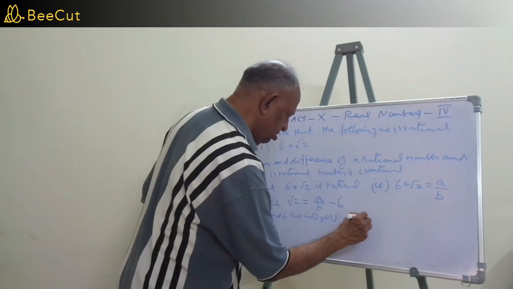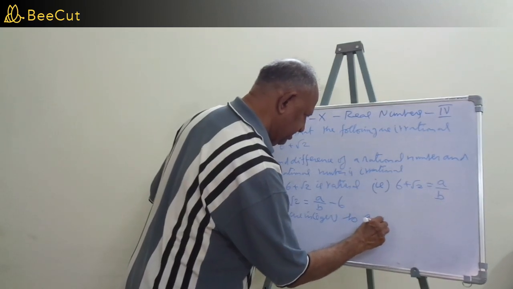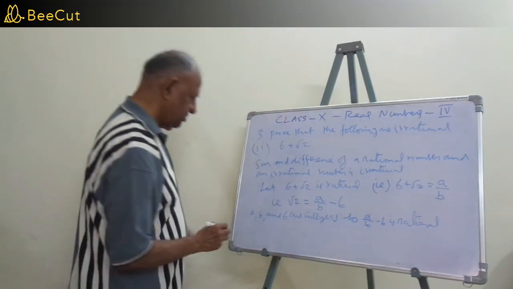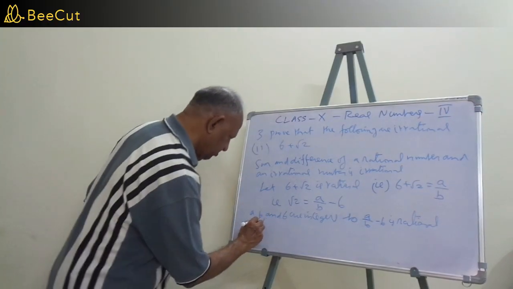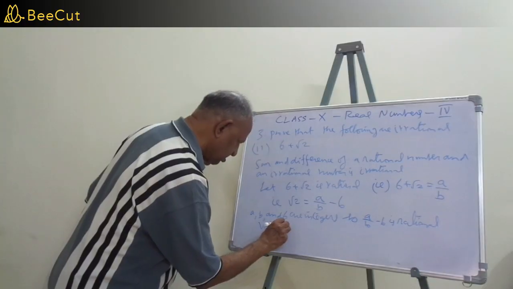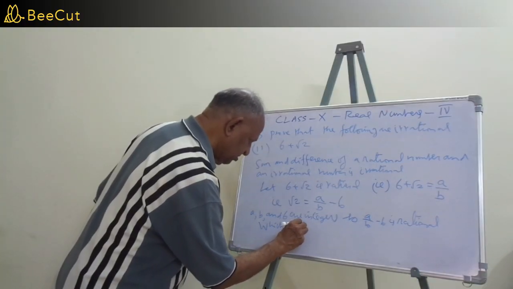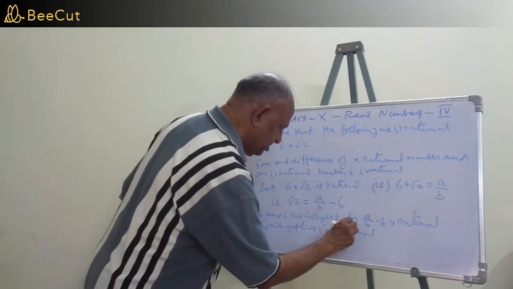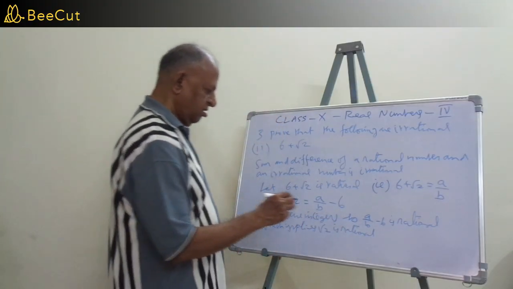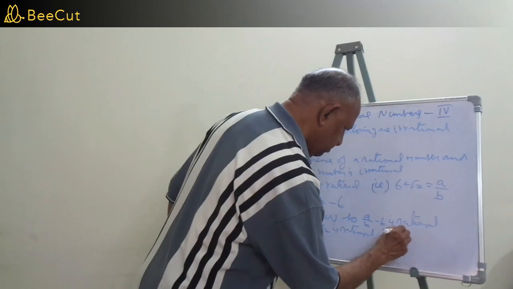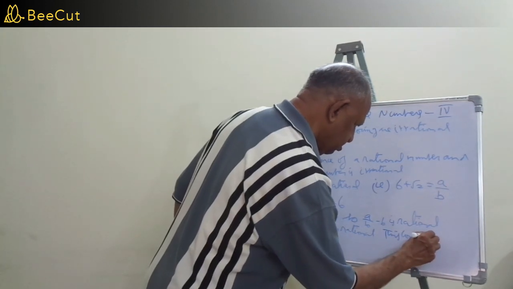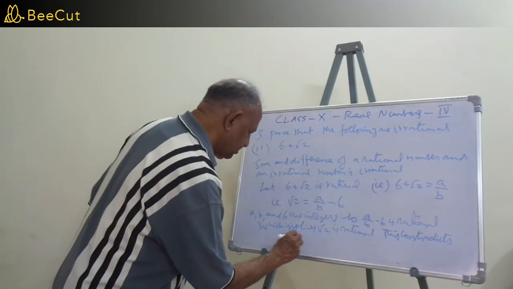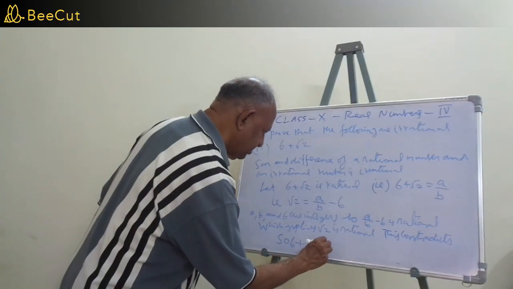So a by b minus 6 is rational, which implies root 2 is rational, which contradicts. So 6 plus root 2 is irrational.